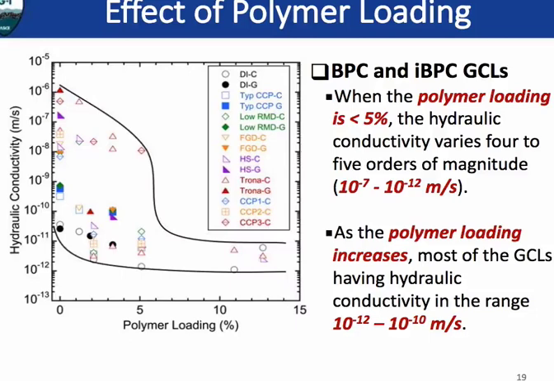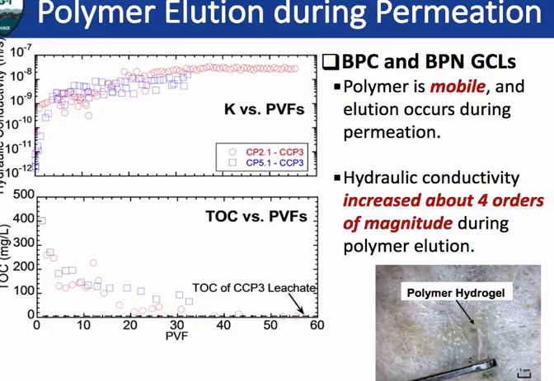When the polymer loading increases higher than 5%, we can see generally the hydraulic conductivity is lower than 2 times 10 to minus 11 meter per second. There's only one exception, the test with the strongest leachate. Strongest means the leachate with the highest ionic strength, that is CCP3 leachate, which has high hydraulic conductivity.